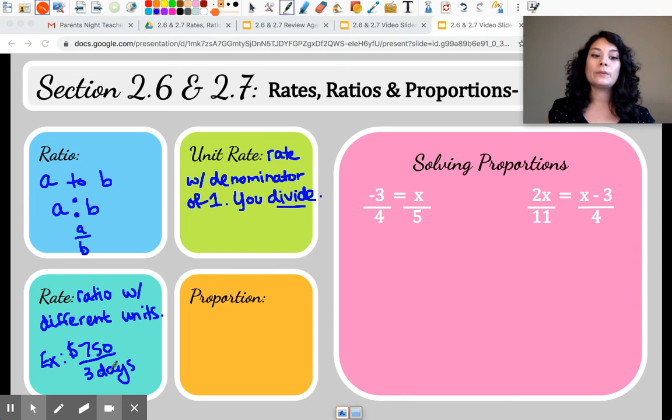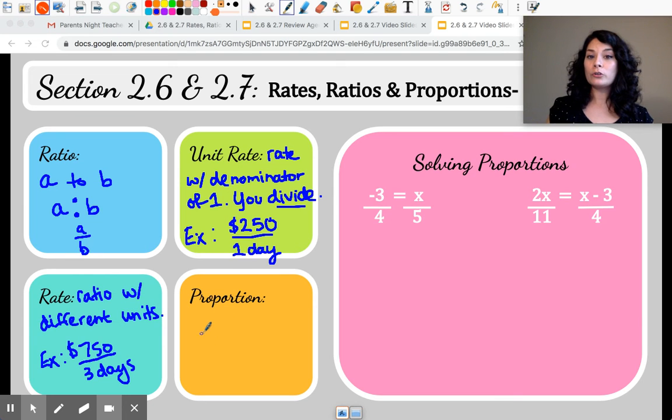So for example, if I wanted the unit rate for $750 over 3 days, and I wanted my denominator to be a 1, so I wanted it per 1 day, I would just divide. So let's see. Does that actually go into it evenly? I think it does. So 3 goes into 7 2 times with 1 left over. That would make that a 15. So $250 over 1 day. That example worked out quite nicely. So all you do is you divide to make your unit rate. So long as it's a rate with a denominator of 1, it's a unit rate.